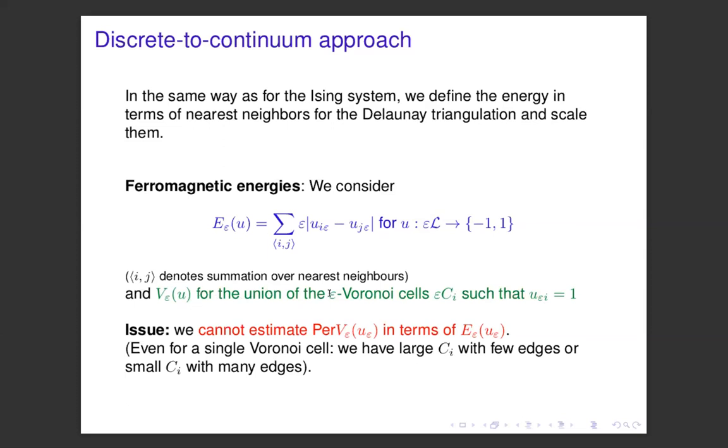But the union of these Voronoi cells gives a set of which the perimeter is not estimated by this function. So a priori, we don't know immediately that if this energy is finite on some function, then we have an estimate of the perimeter in terms of the energy. Because even for a single Voronoi cell, we can have large cells with few edges or small cells with many edges, and this counts the edges.